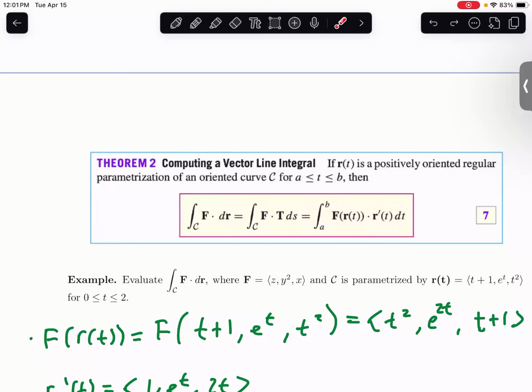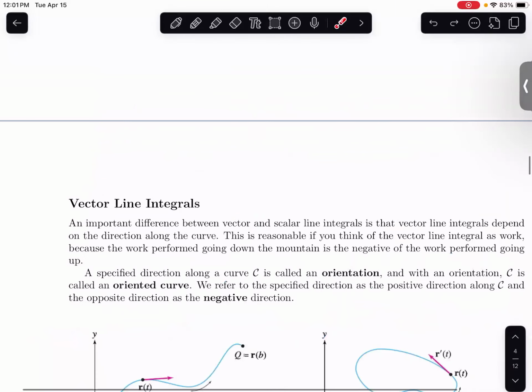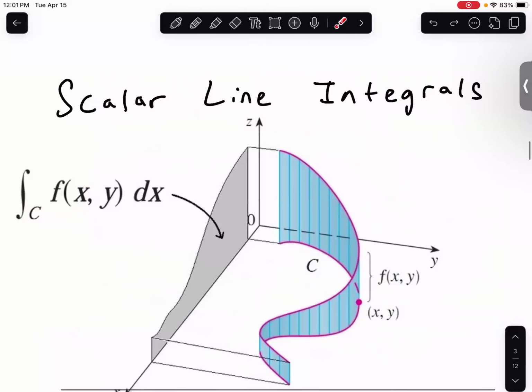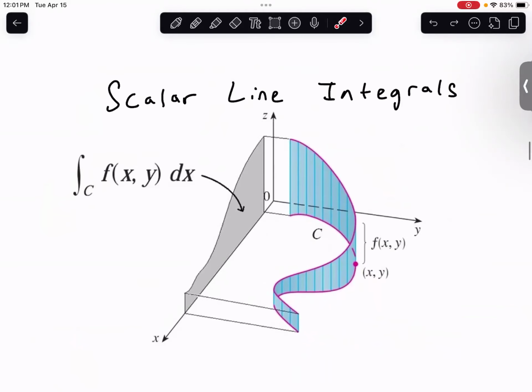I didn't really give a lot of incentive or understanding in terms of what you are actually doing with the scalar line integral. So I wanted to look at a picture which illustrated what I was talking about yesterday in a much better way. What we're really doing with these scalar line integrals is we start off with this curve I'm highlighting in red.